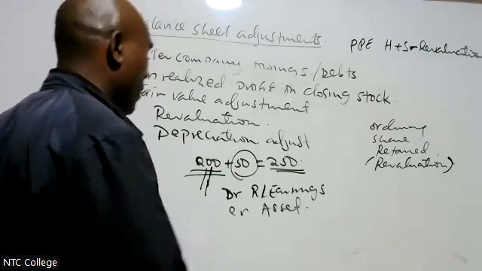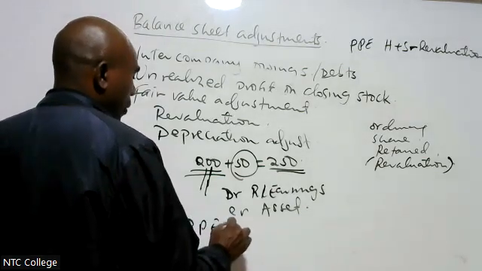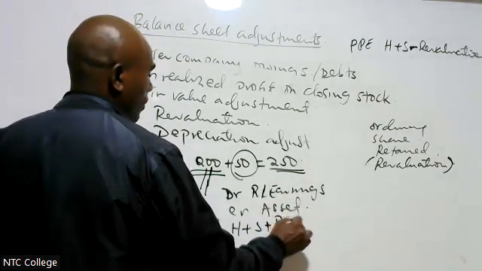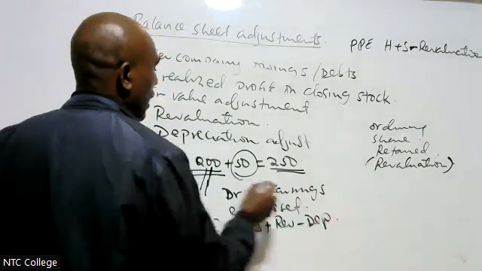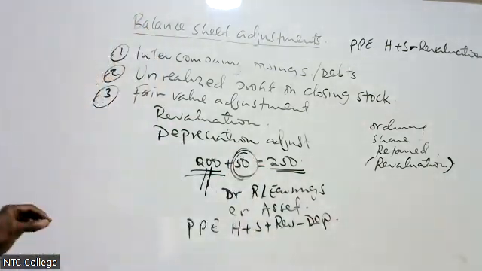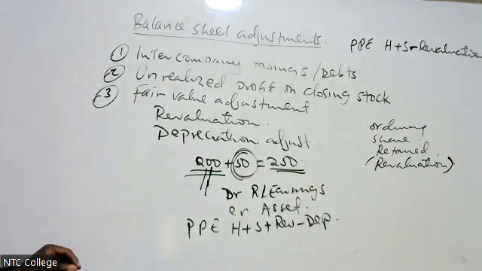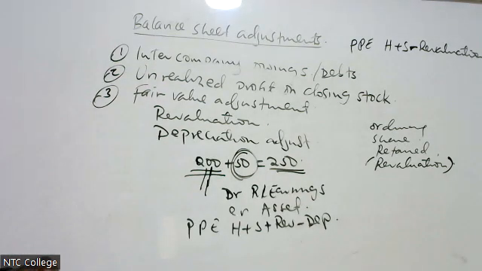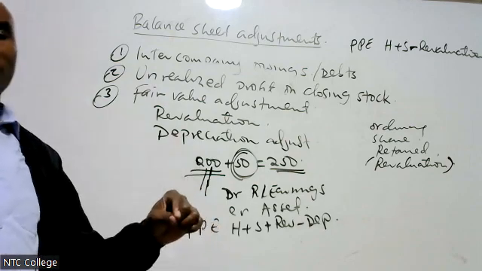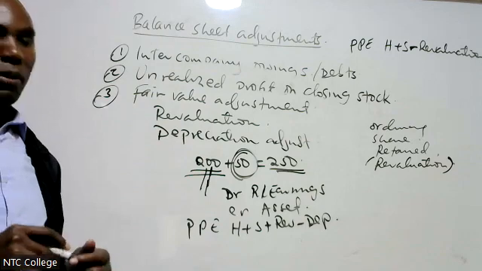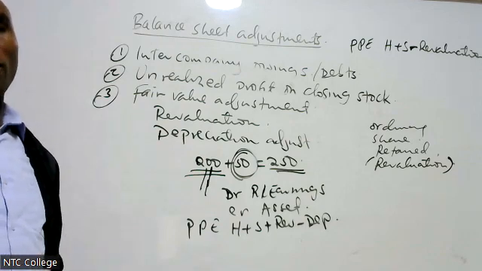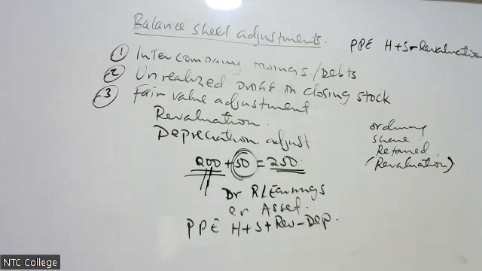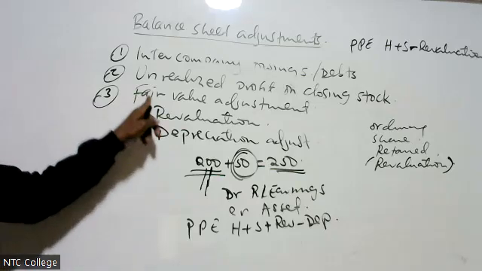If I want to consolidate my PPE, I will take the PPE of H plus S minus R plus revaluation, then minus depreciation on the 50, because I have not charged depreciation on it. Also in the retained earnings, I will subtract that depreciation because I overstated the profit. That is depreciation adjustment and revaluation adjustment if there is fair value adjustment.